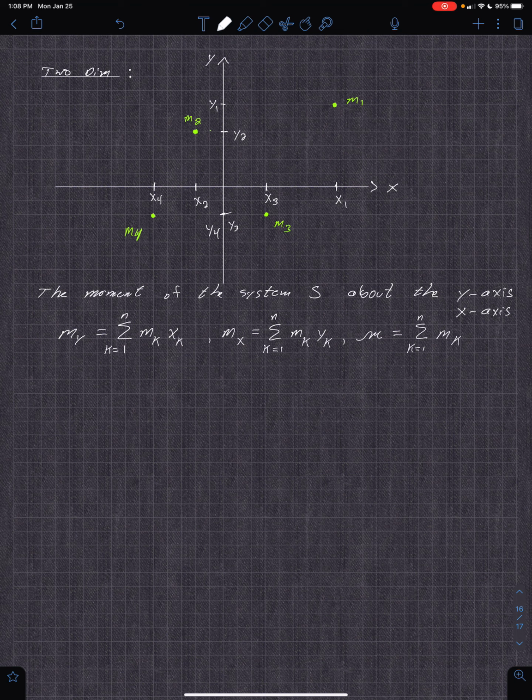So x bar is equal to the moment about the y divided by the mass, and the y coordinate is the moment about x divided by the mass.